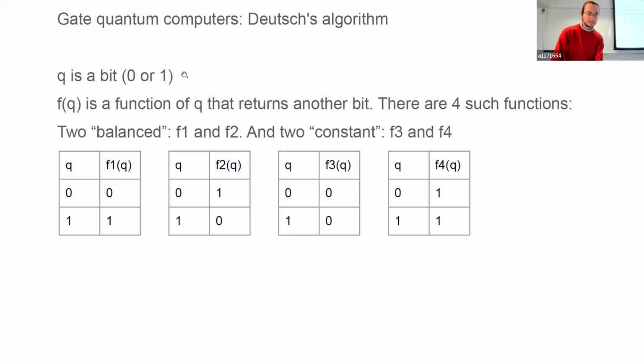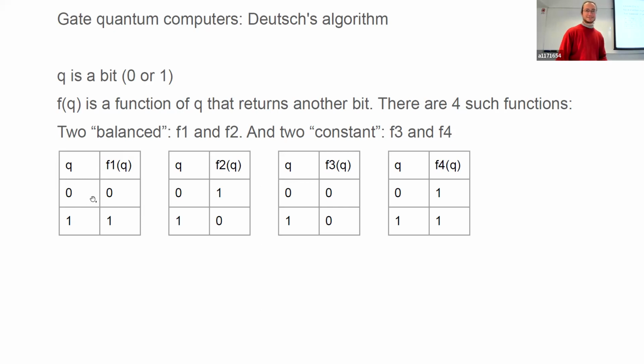So let's look at the problem. Let's say somebody gives you a black box, which is a function that runs on 1 bit. So far everything is classical, and you have a function that takes in a bit and returns another bit. It's easy to see that there are 4 such functions.